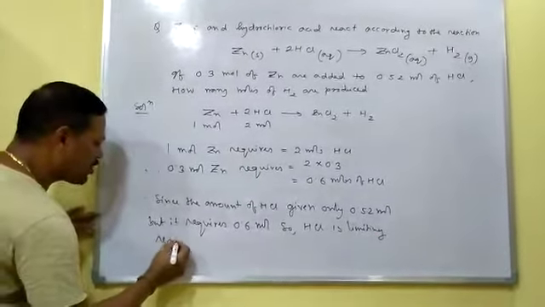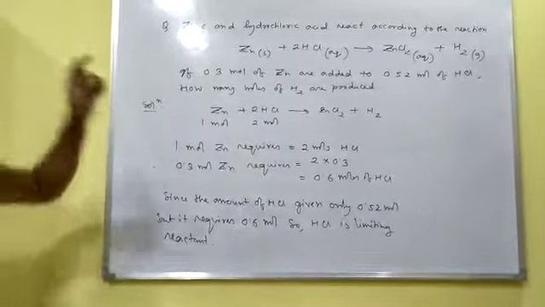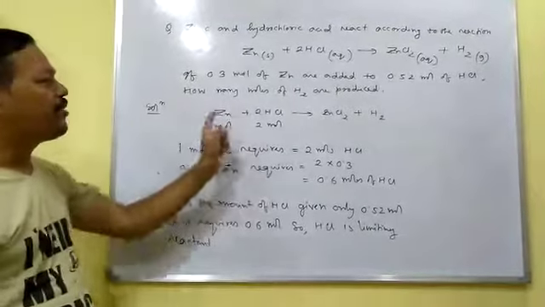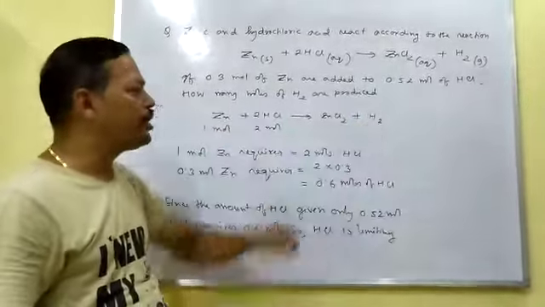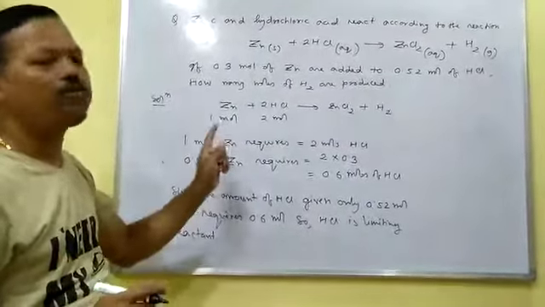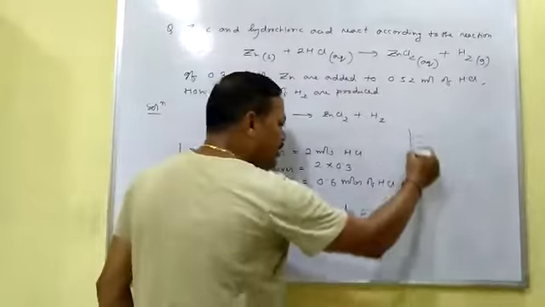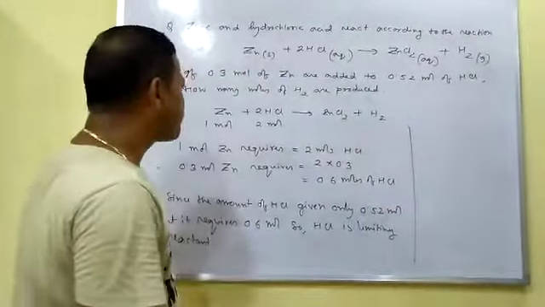So in this way, first you have to find out the limiting reactant. Now after finding the limiting reactant, you can find out how many moles of hydrogen will form. But when you determine the amount of hydrogen, you have to determine it from the limiting reactant, not from the excess reactant. So now I will write here on this side.